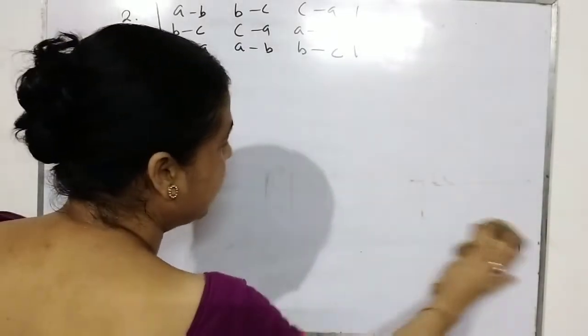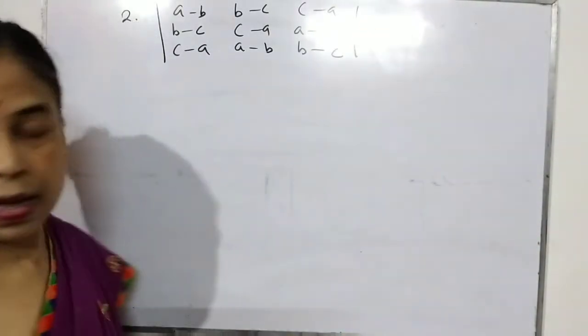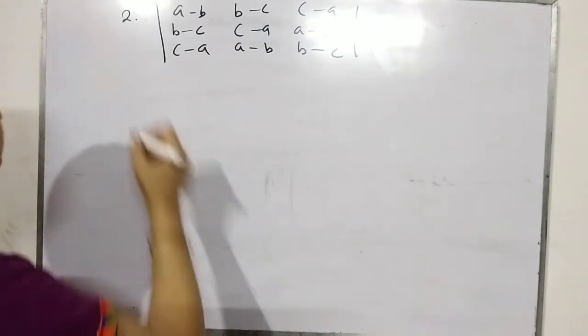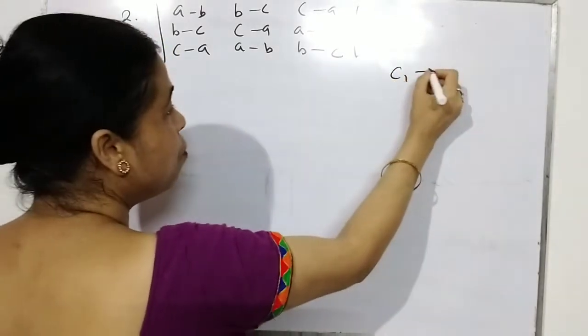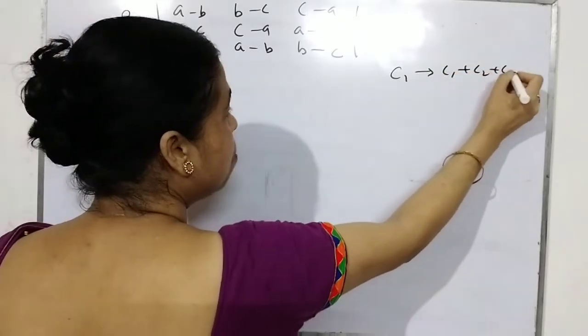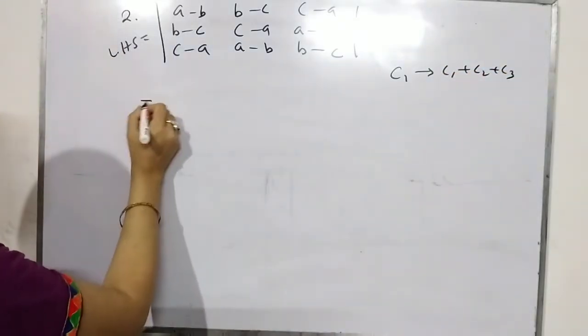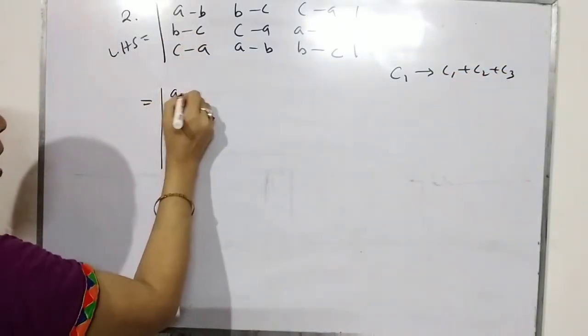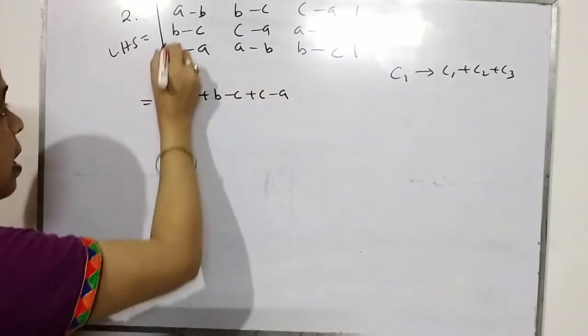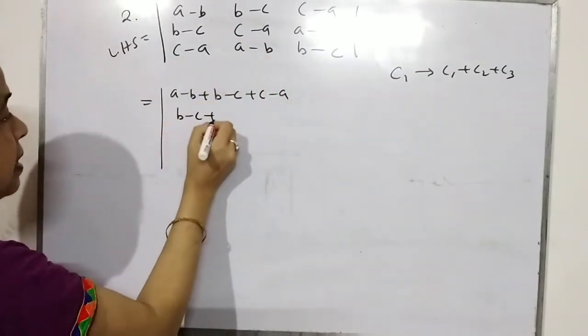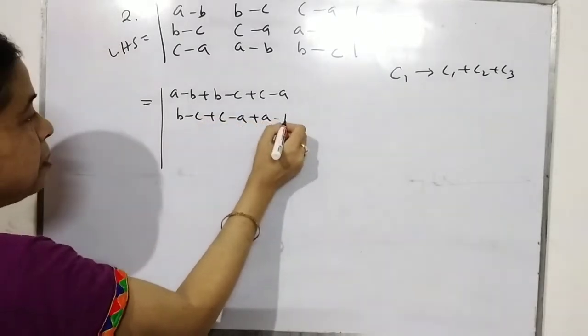Take your left hand side, and I apply column 1 replaced by column 1 plus column 2 plus column 3. What value do we get? Column 1 is a minus b plus b minus c plus c minus a. Again b minus c plus c minus a plus a minus b.